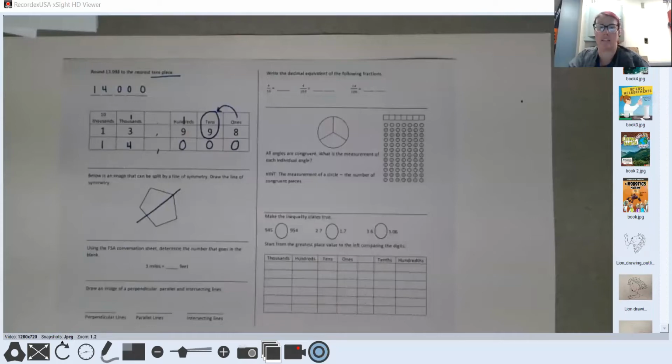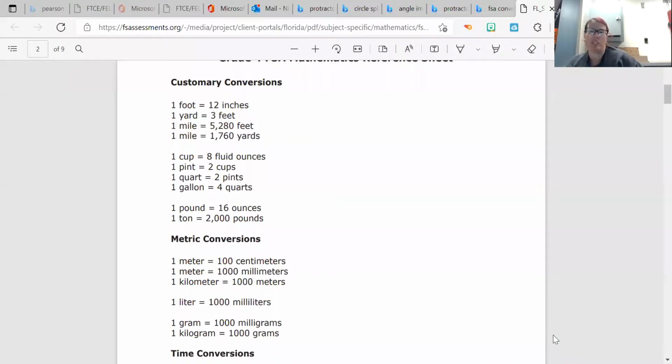All right, so let's look at our conversion sheet, which is on the screen now. So I'm looking for miles to feet. So I go into my units and I find where it has 1 mile. 1 mile is equal to 5,280 feet. And now I know if 1 mile is equal to that, then 3 times that will give me how many feet I need.